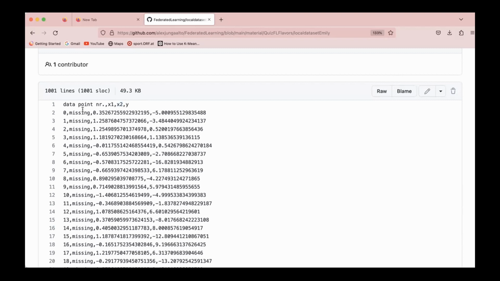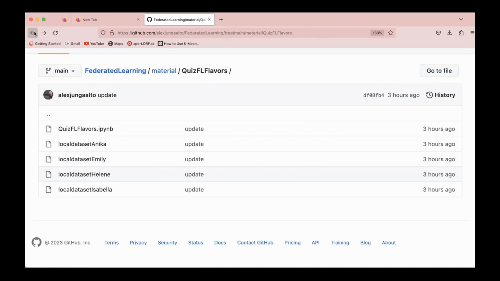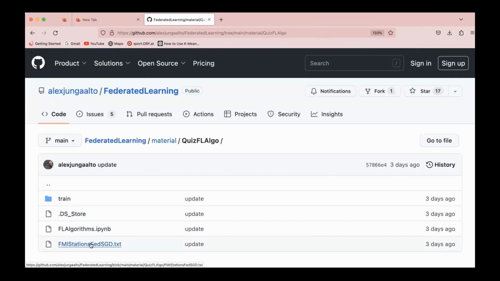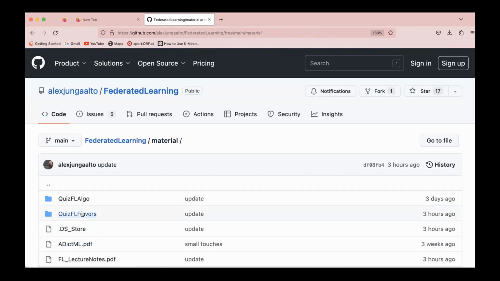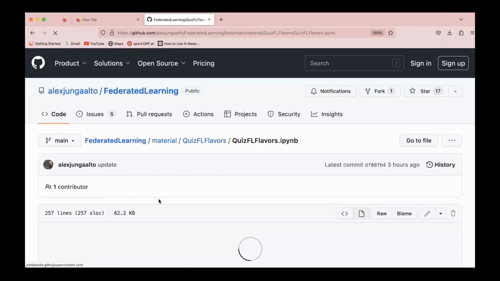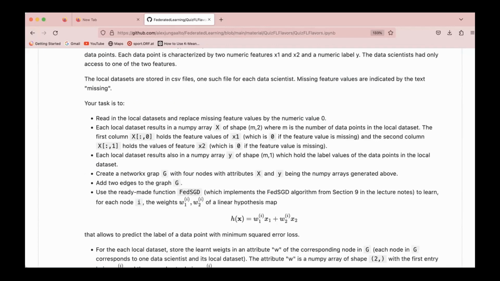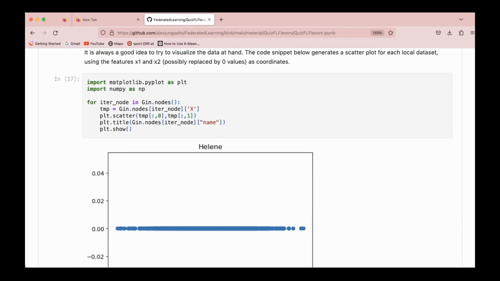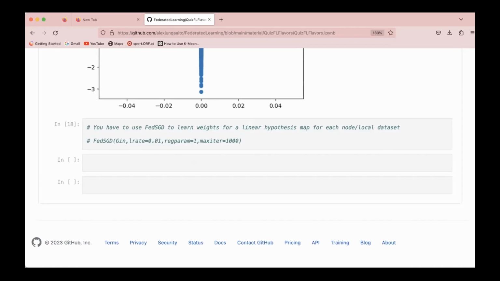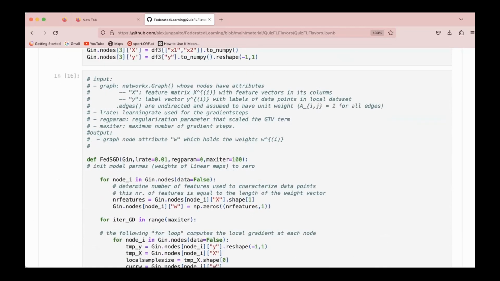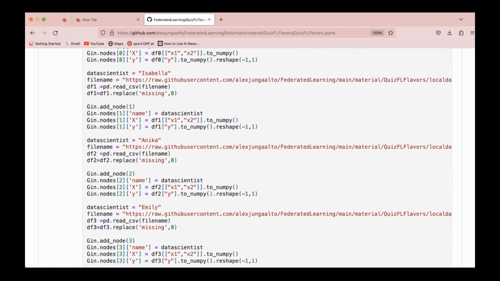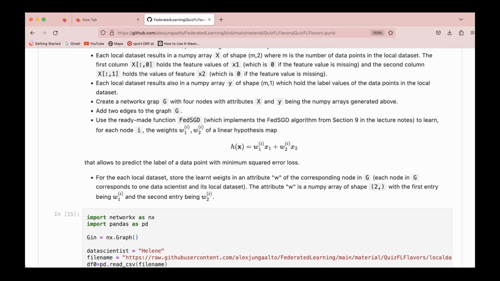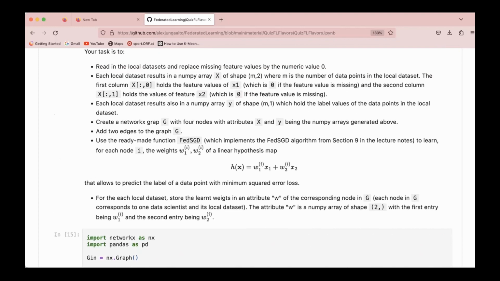And you will find out that using federated learning is better. I also specified a bit more in detail. You have to build an empirical graph, a networkx graph, which is already done in some starter code here. The solution is not here, thank God. You have to build up an empirical graph with nodes, and you are allowed to include two edges in your empirical graph.